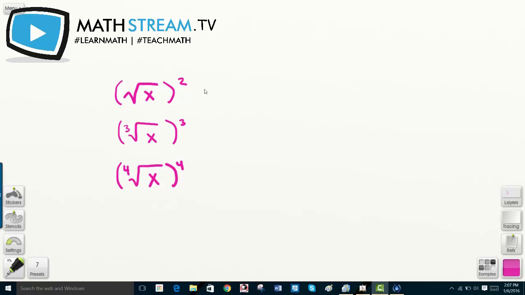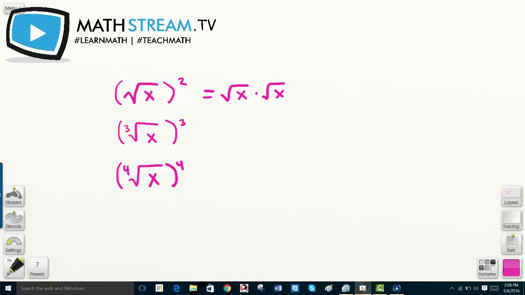Why does it work? Think about, first of all, what the definition of a square is for this first example. Well, a square means that we take whatever's inside and we multiply it by itself. In this case, we have square root of x, and we do it twice. So this is the square root of x times the square root of x. That's how I could rewrite this first expression.